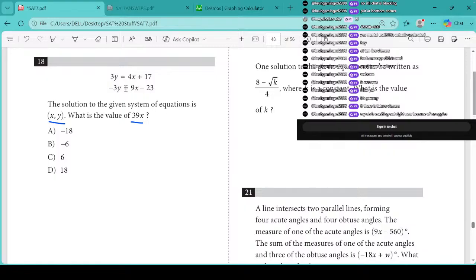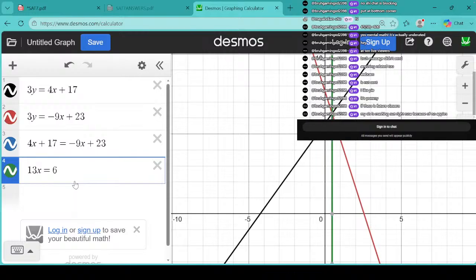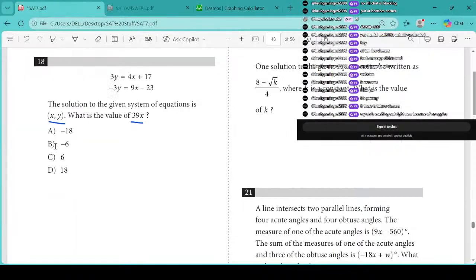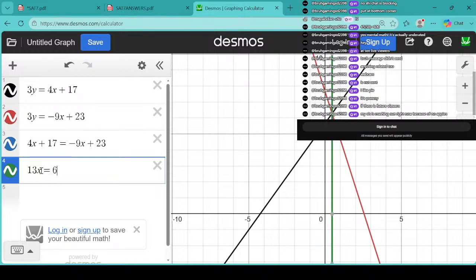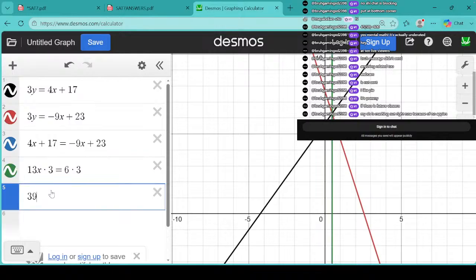If 13x is equal to 6, 39x would be equal to 18. So your answer is 18. Because 13x equals 6, you multiply that by 3 on both sides. You get 39x equals 18.